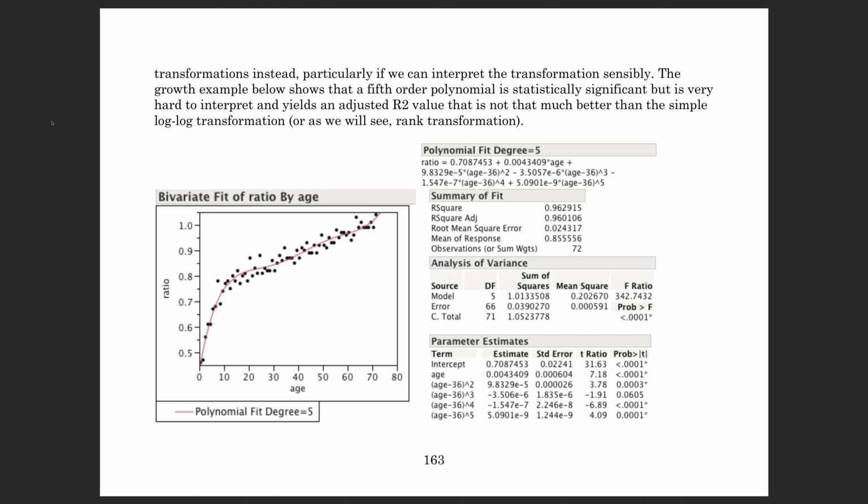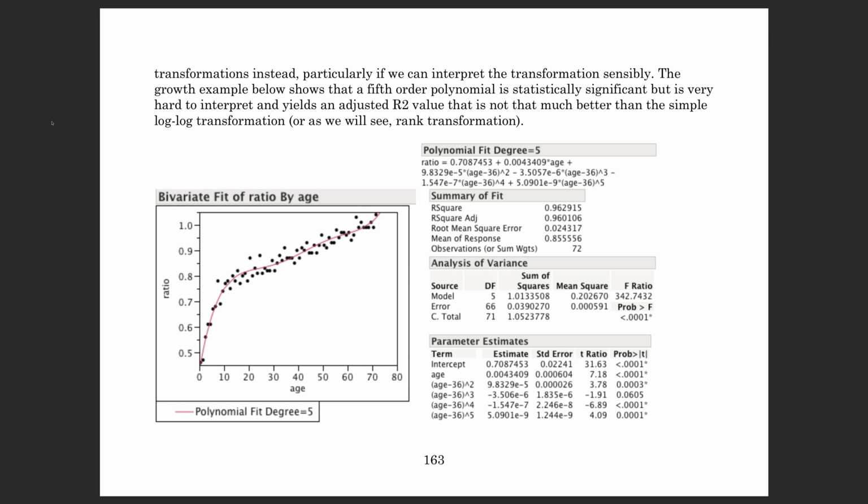This is slightly better in terms of adjusted R squared than the model I got with the log-log transformation before. However, the problem is I have this very complicated model.